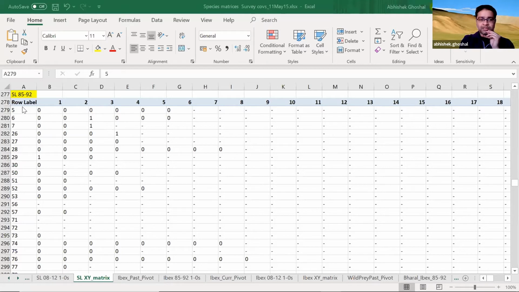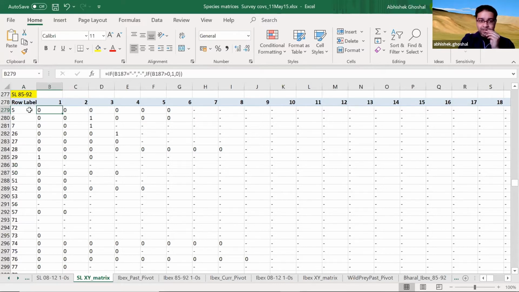These were our 88 grids on the leftmost column, and these were the number of respondents from the entire survey. We had a maximum of 27 respondents reporting for one grid overall, once we overlaid the grids on the detection, non-detection data.